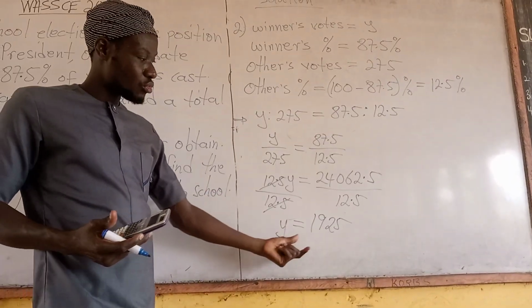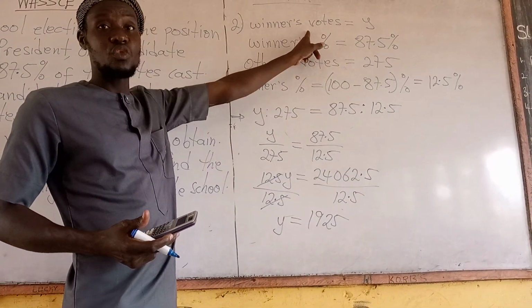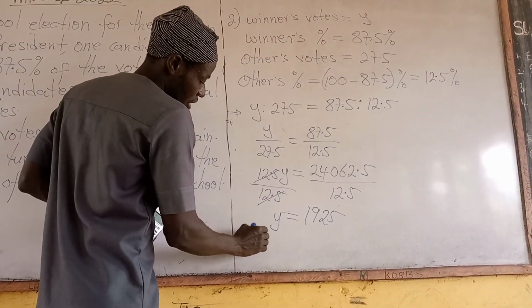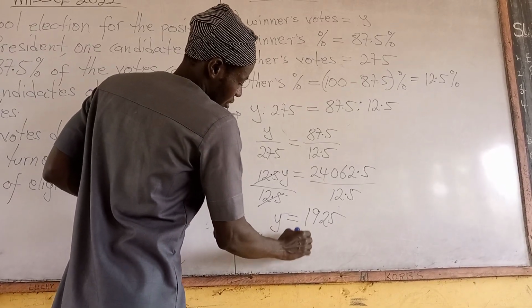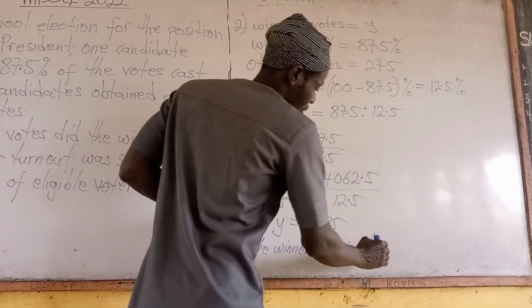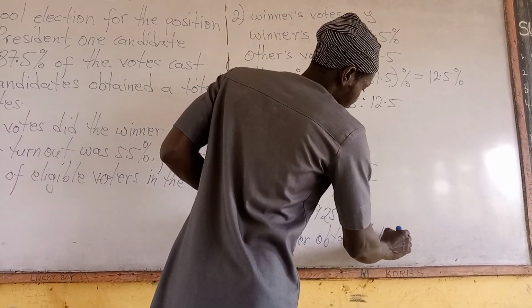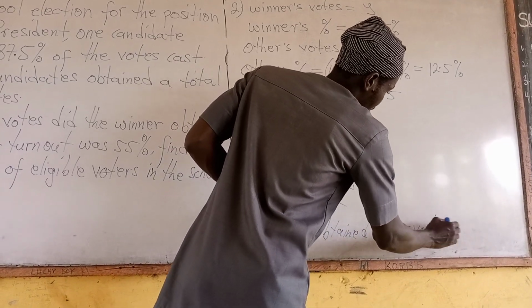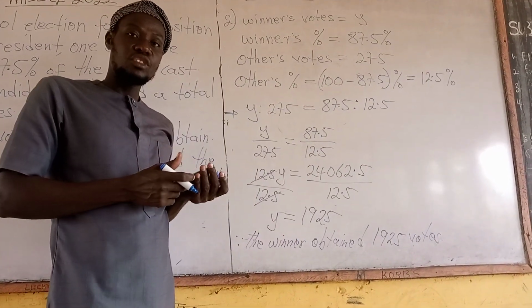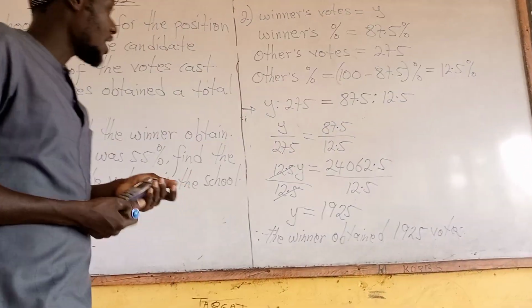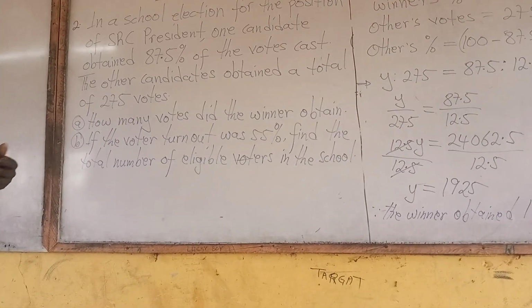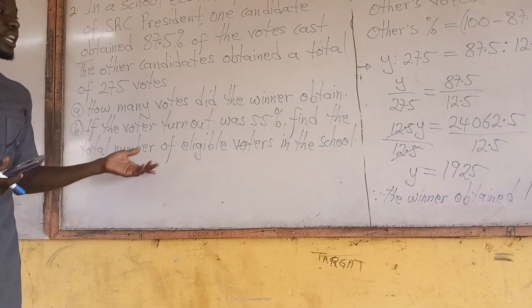So our y is equal to 1,925, and our y represents the winner's votes. Therefore, the winner obtained 1,925 votes.